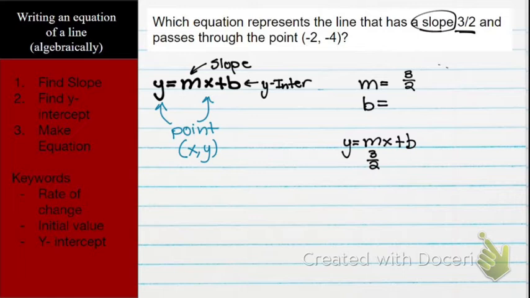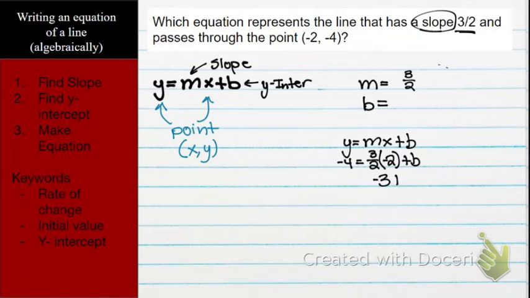So under my y, I'm going to put -4 because that's the y coordinate. And for my x, right beside my 3 over 2, I'm going to put -2. Everything else that I did not fill in will just come down. So 3 over 2 times -2, when we multiply those 2 things together, what we end up with is -3.